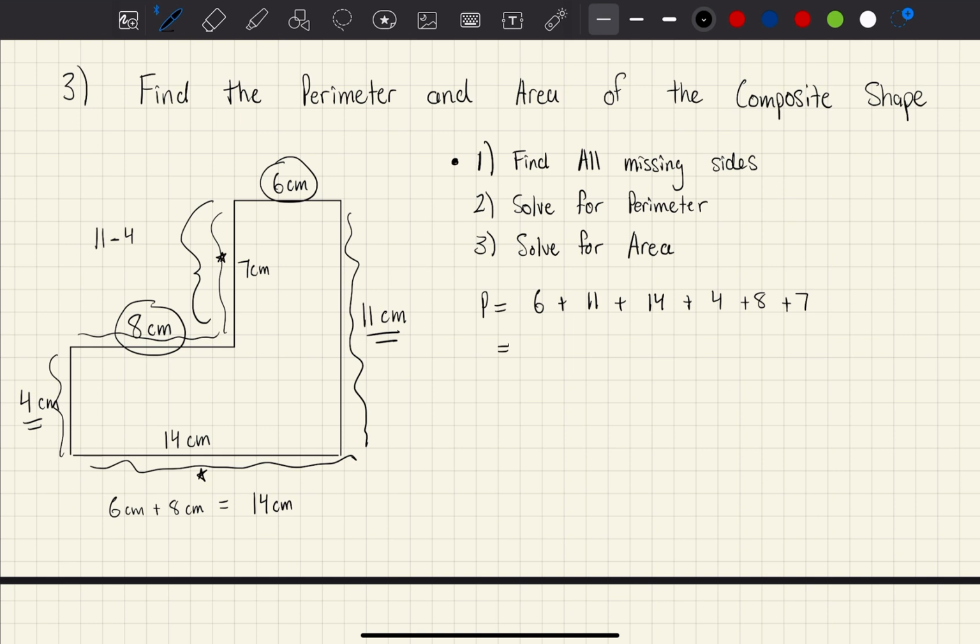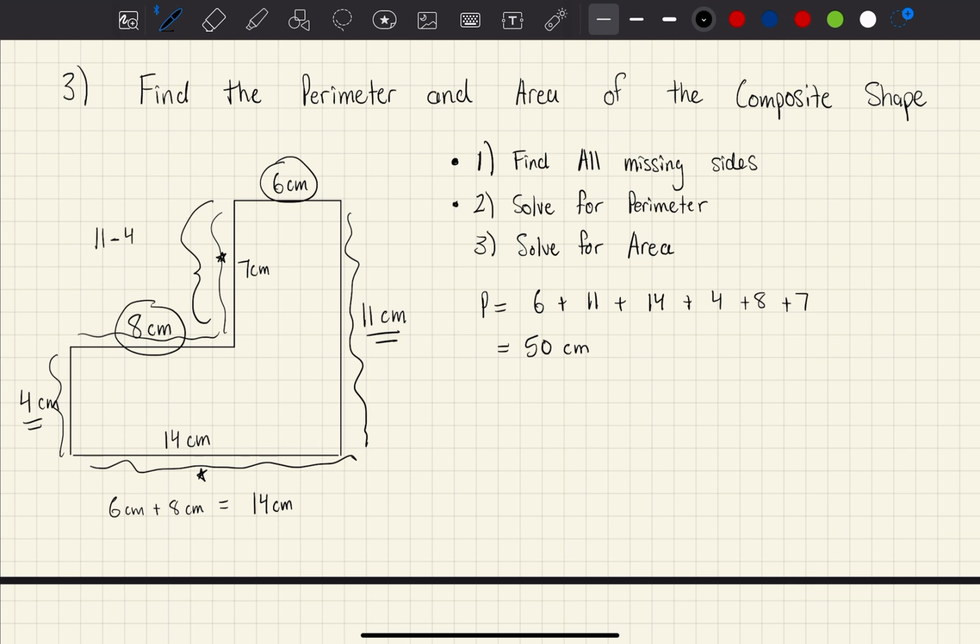Let's plug that in. 6 plus 11 plus 14 plus 4 plus 8 plus 7, which gives us 50 centimeters. Good, so that's how we're going to solve for the perimeter of those shapes.